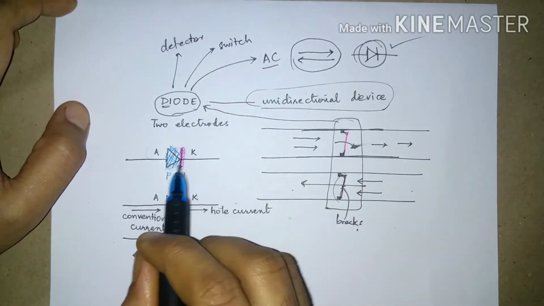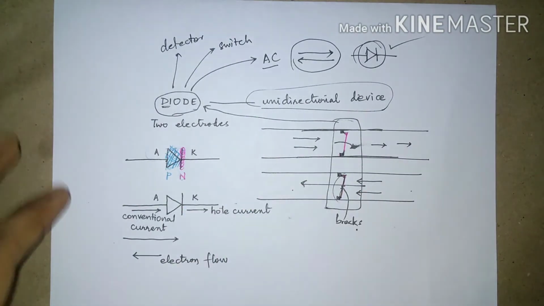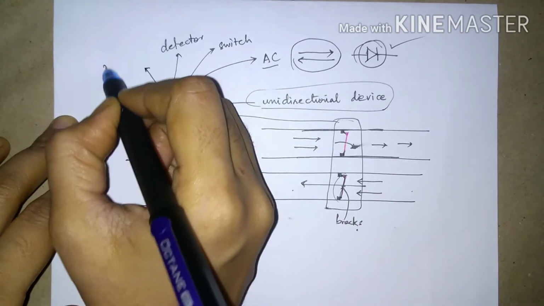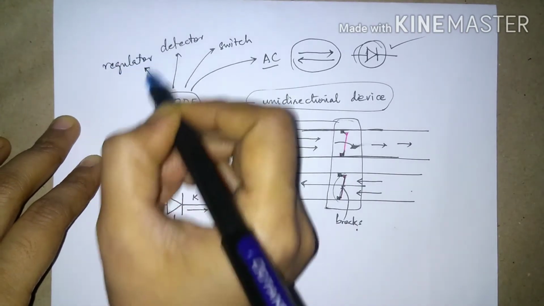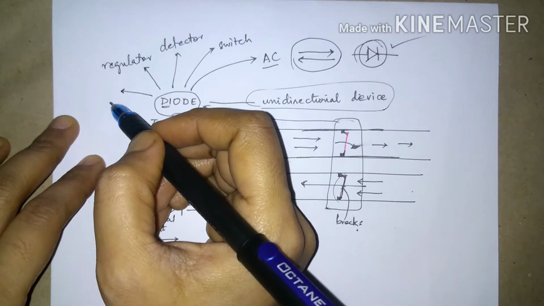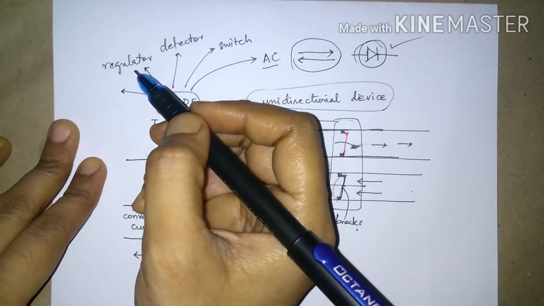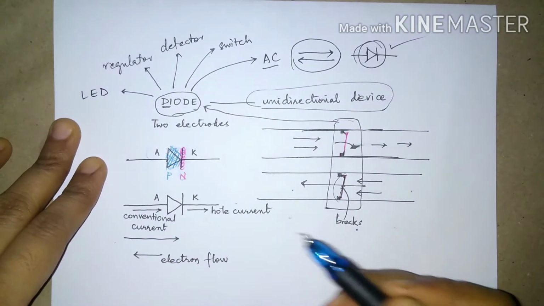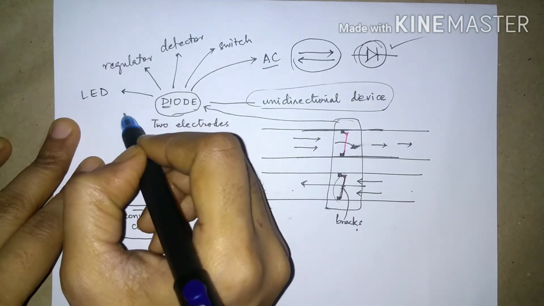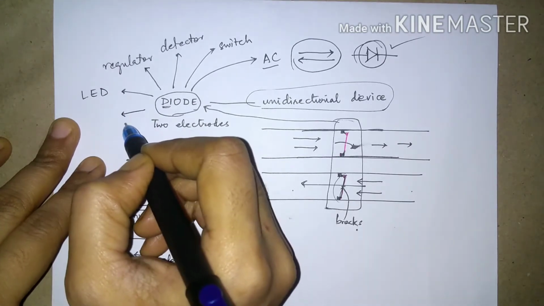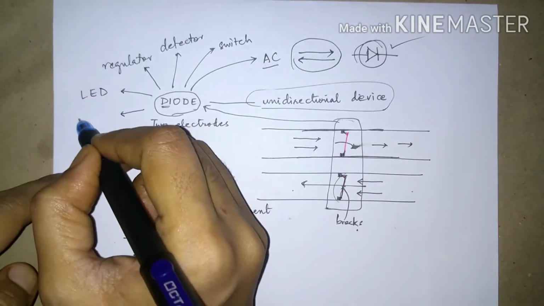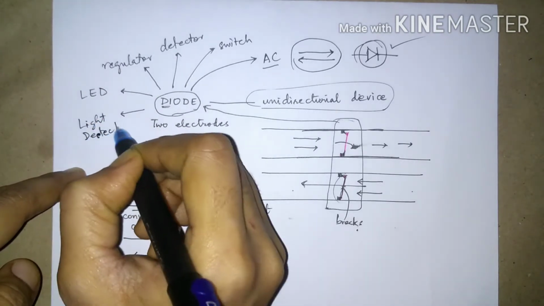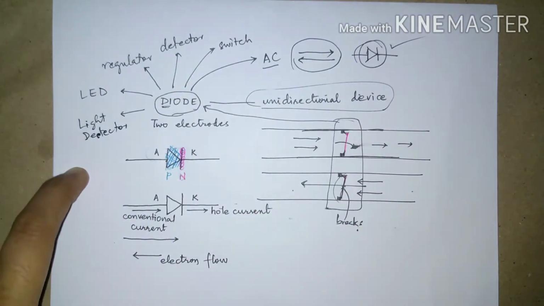There are different types of diodes used as regulators, light emitting diodes which emit light, and light detectors which get activated only if light falls on that diode.